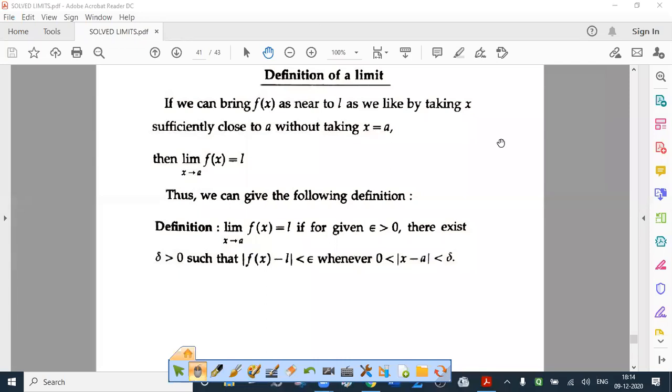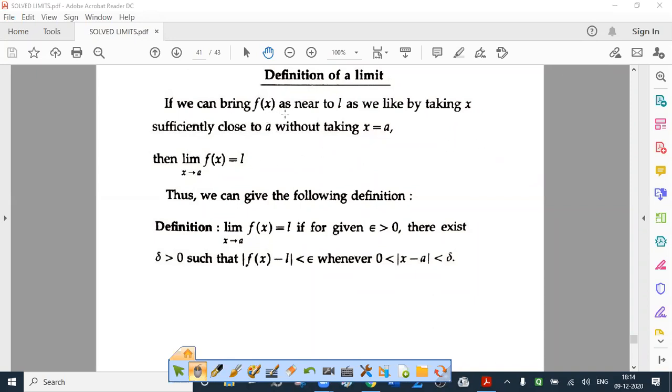While solving problems initially, we used the simple definition. We never used the concept of neighborhood or epsilon delta, but now this is the real definition of limit.